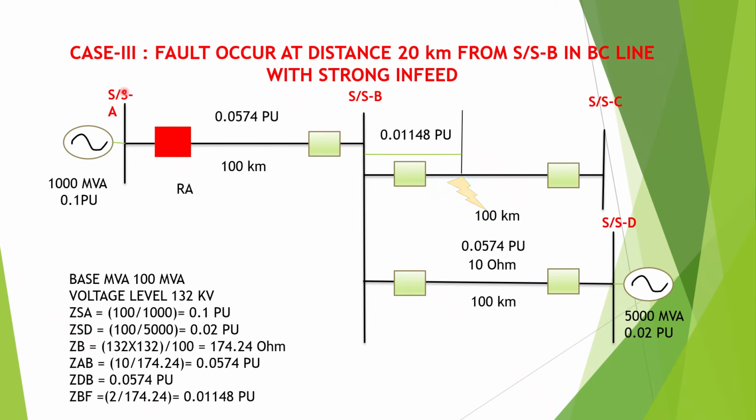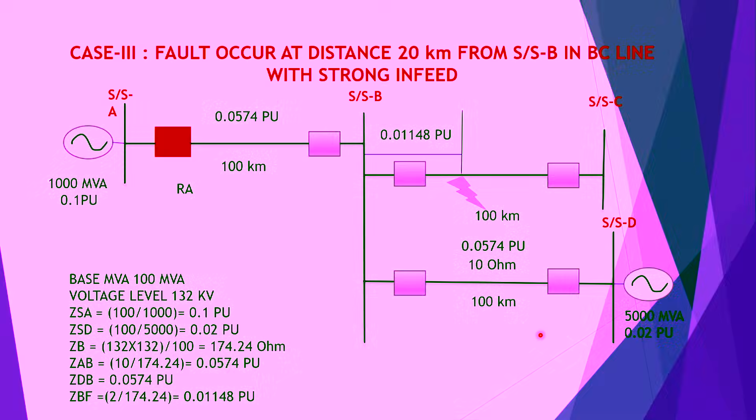Now case 3. Let us consider that the fault occurs at the same point, that is 20 kilometer length from substation B end, but with strong INFEED from substation D end. Here the source fault level at substation D end is considered as 5000 MVA.